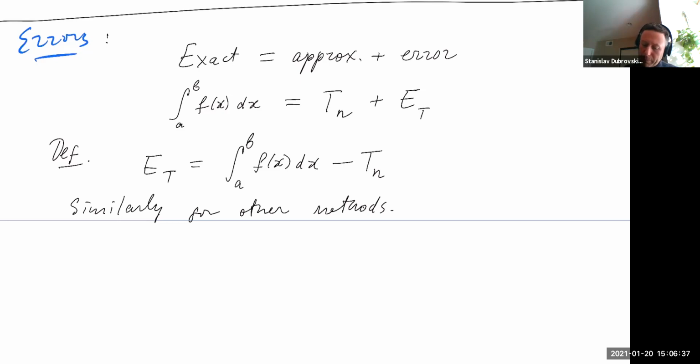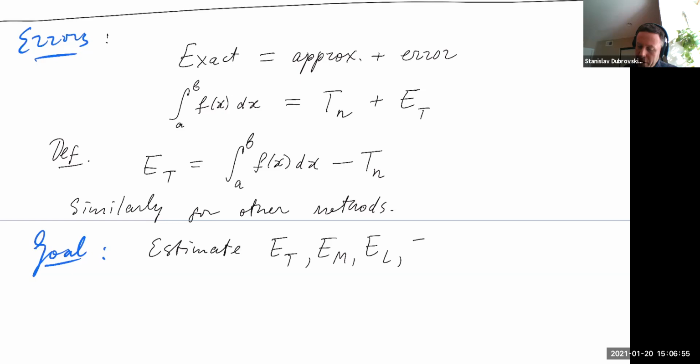So that's the goal for the in-class meeting, of course: estimate the errors for all the methods, ET, EM, EL, ER, as well as the error for the Simpson method. So this will stand for Simpson's.